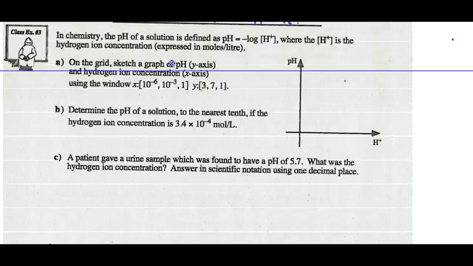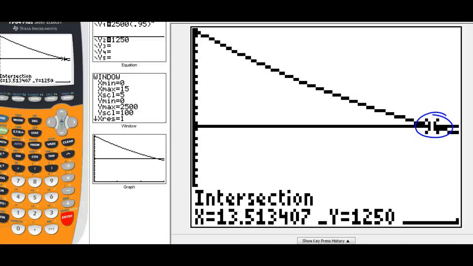On the grid, sketch the graph of pH on the y-axis, there it is, and the hydrogen ion concentration, H positive, on the x-axis. Use the window provided, x and y. So let's graph that in our graphing calculator, then sketch it in our notes.